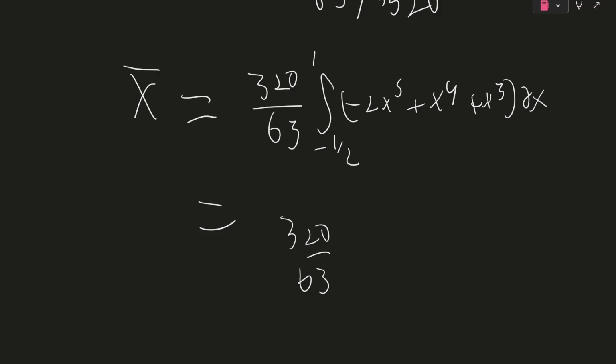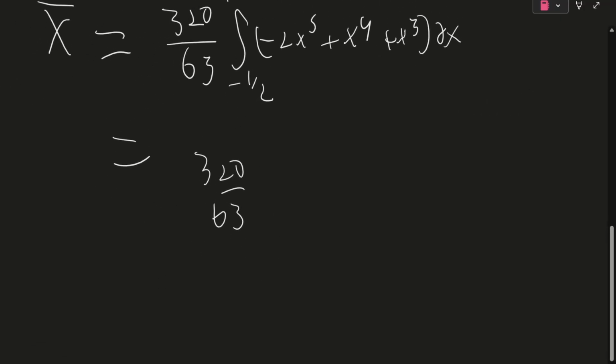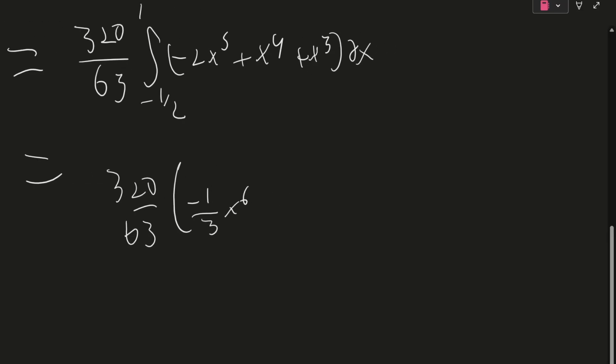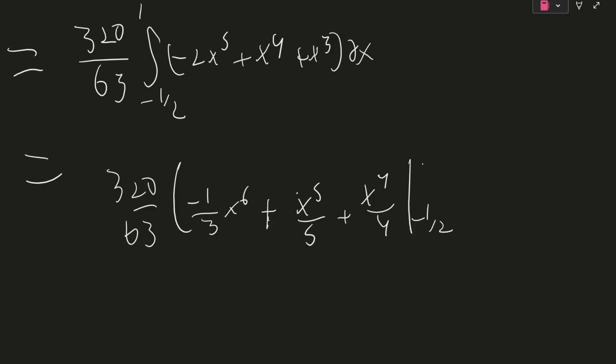Now we can actually solve our antiderivative. So this becomes negative 2x to the 6th over 6, which is negative 1/3 x to the 6th, plus x to the 5th over 5 plus x to the 4th over 4, evaluated from negative 1/2 to 1.